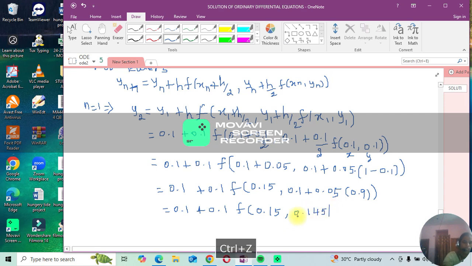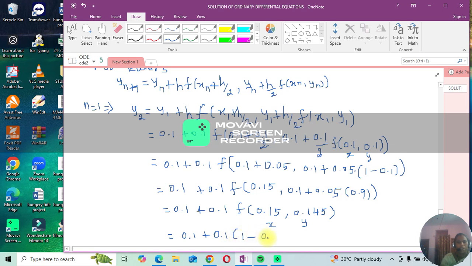Okay, now we have the x value and y value again. So again we have to apply it in the function. As we know, f of xy is 1 minus y. We are going to consider only the y value. So 0.1 plus 0.1 into 1 minus y.